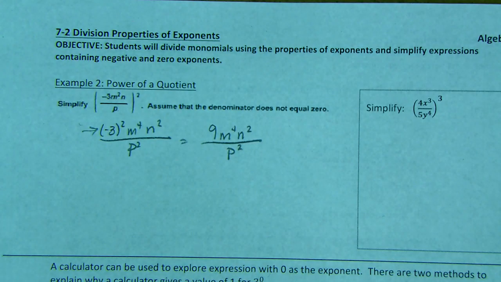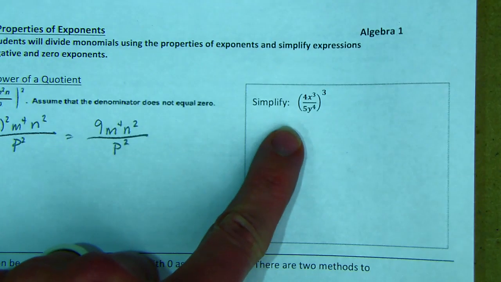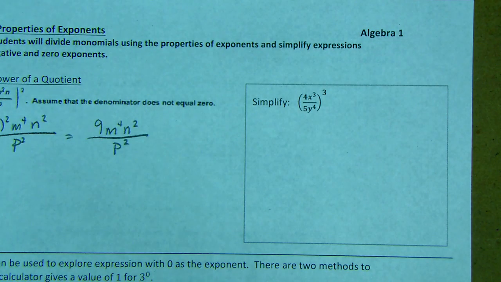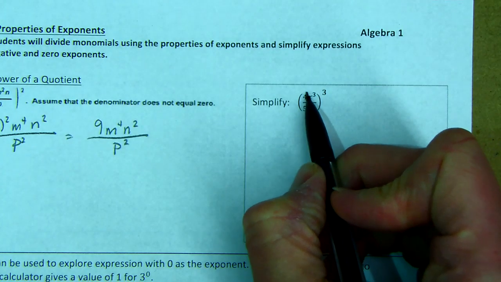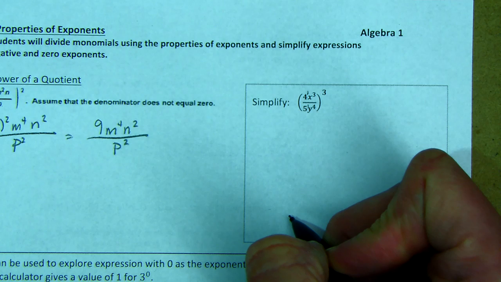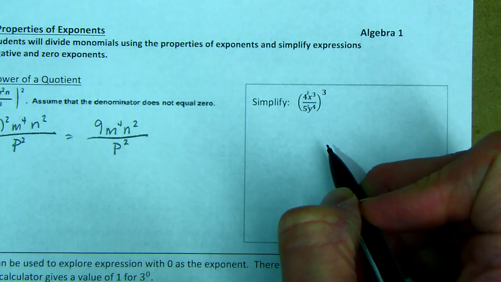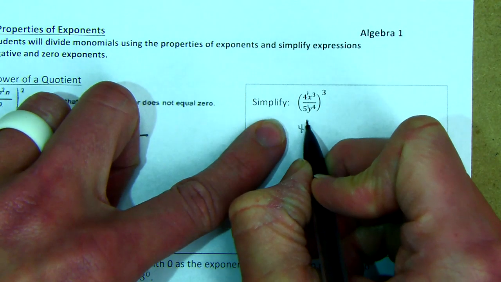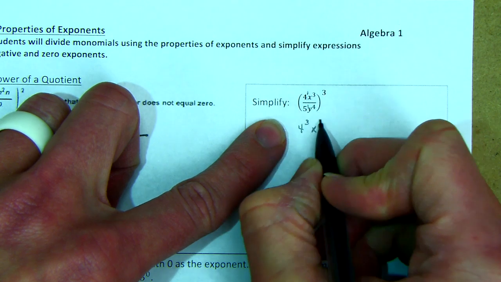Okay, take a look at the example in here. It is a quotient. You got a fraction bar in there. Just remember that this has an exponent of 1, and this has an exponent of 1. So don't forget, the 4 has to be cubed as well. So we got 4 cubed, x to the 3 times 3 is 9.